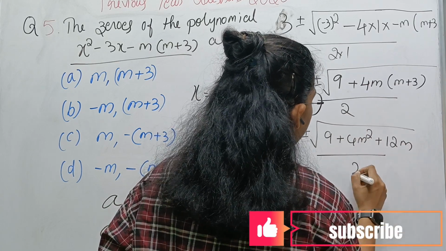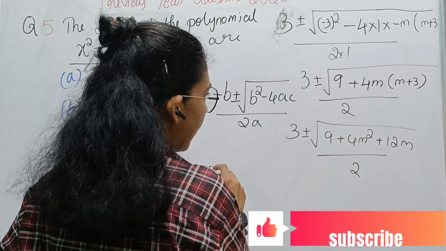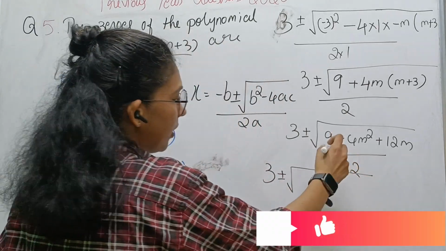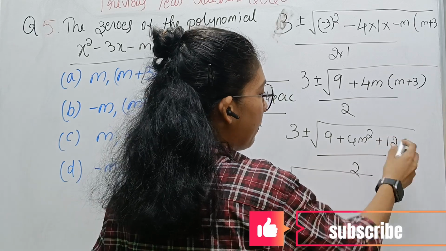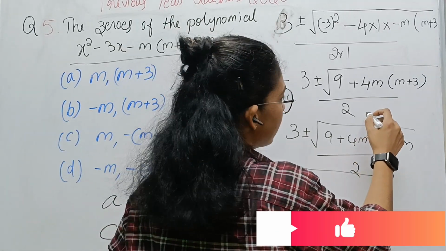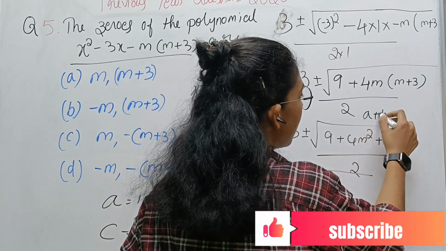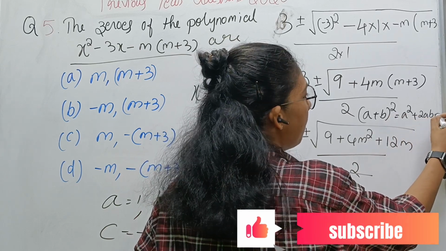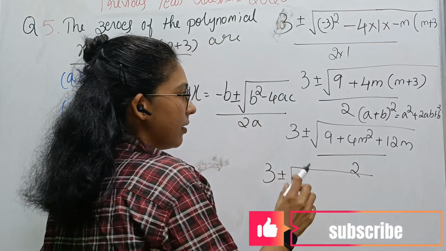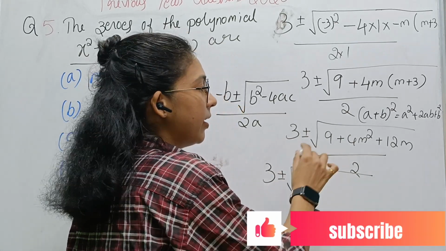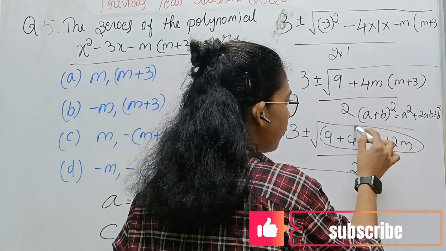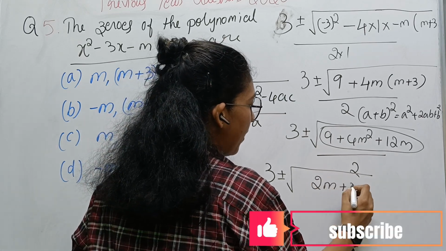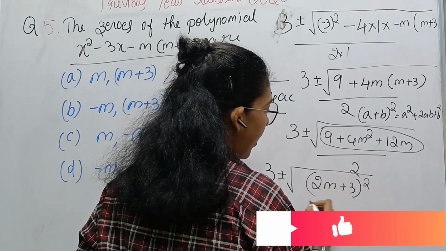Okay, 3 plus or minus, see this 9 plus 4m square plus 12m is the expansion form of a plus b the whole square, which is equal to a square plus 2ab plus b square. Okay, this inside the radical should be the expanded form of 2m plus 3 the whole square.